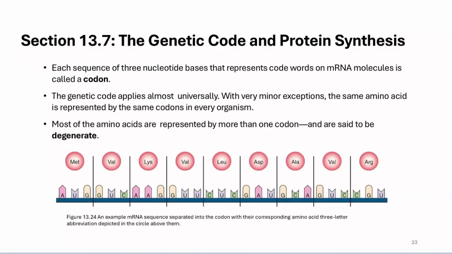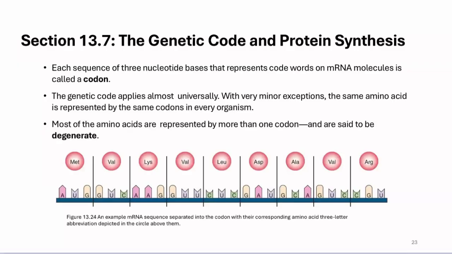And understand that this separation doesn't specifically mean that it's all going to be taken apart. This means that the machinery, meaning the ribosomes, are going to be reading the RNA in three nucleotide segments, specifically by looking at the nitrogenous bases.